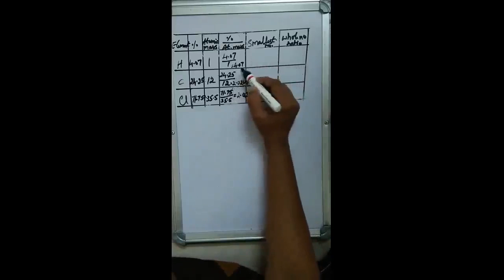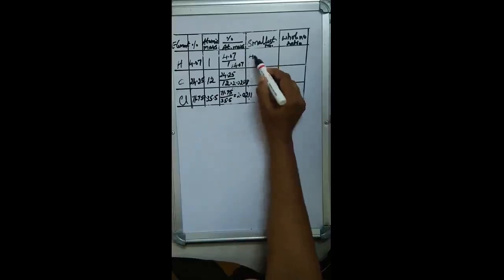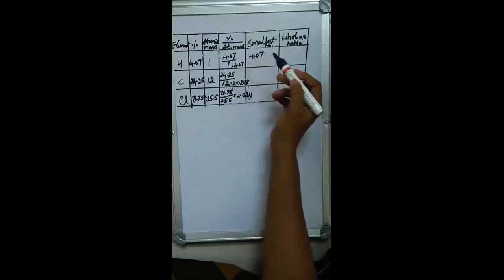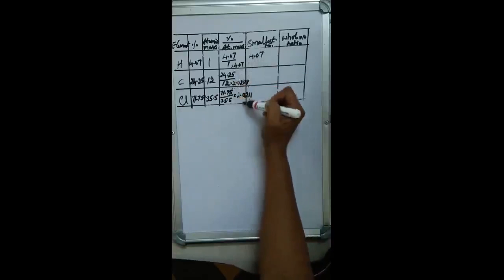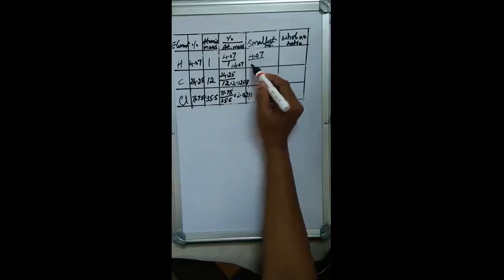So each answer should be divided by, listen properly, each of these answers should be divided by the smallest number. Which one have I selected as the smallest number? 2.0208.